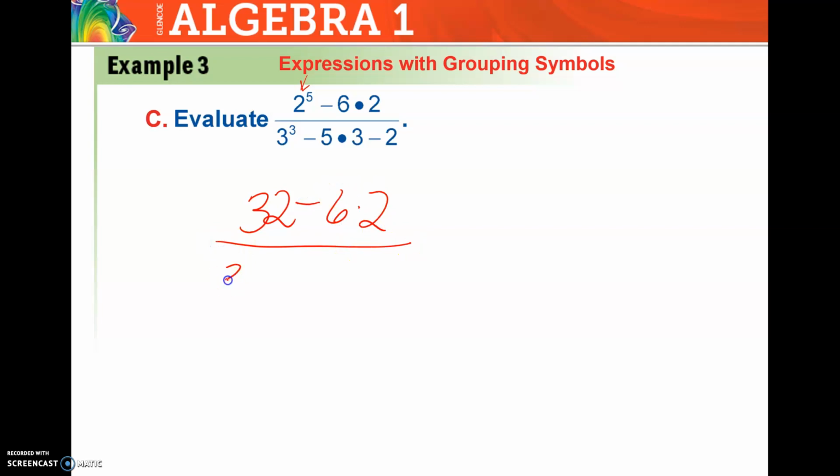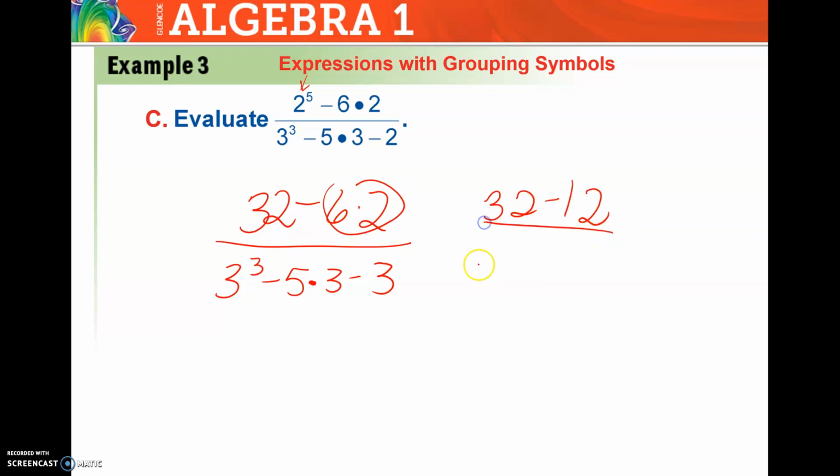Haven't finished simplifying, so we're just going to keep working our way through. On top here, next thing after exponent, so next I'll do multiply. So I'm going to do this. So 32 minus 12. And we're going to keep working. 32 minus 12 is 20.